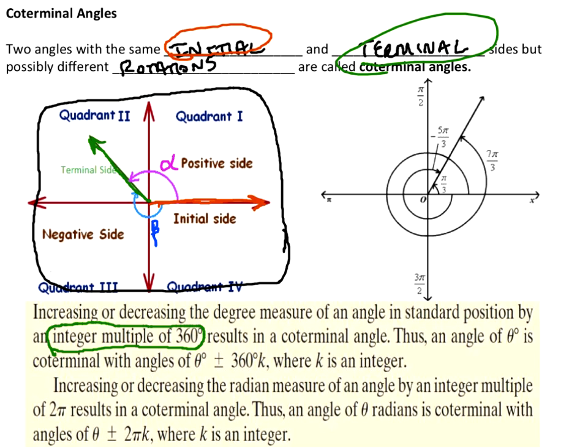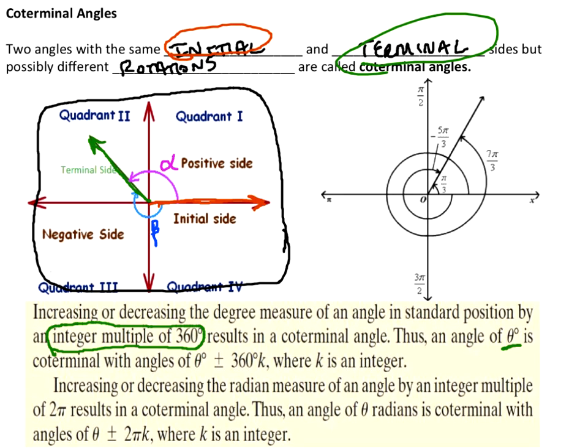If I increase a degree measure by some number of rotations around the circle, the result is the coterminal angle. That's pretty straightforward, so hopefully that makes sense.